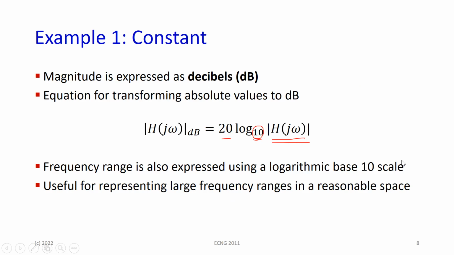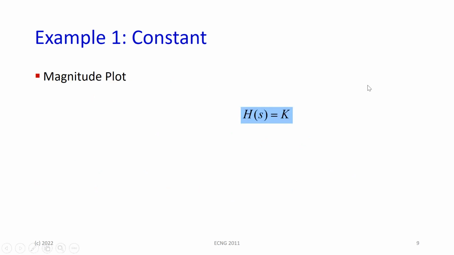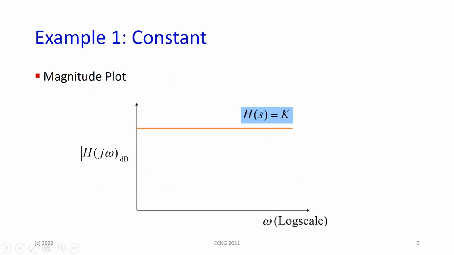And we mentioned that we're using decades for the frequency range. So if I were to plot the magnitude response for our first example, where the transfer function is just a gain, the magnitude response is a constant. This would be in decibels, so it will be 20 log of K, whatever K happens to be, and the log scale is going on decades, so 10 to the naught, 10, 10 squared, 10 cubed, all the way up.